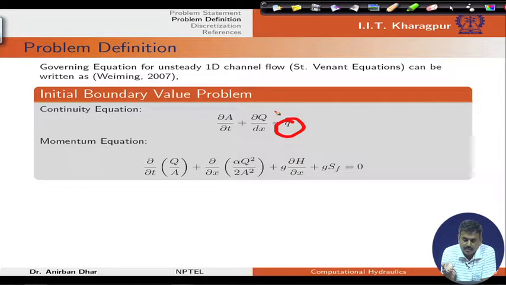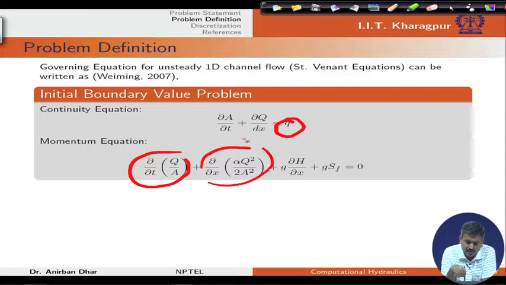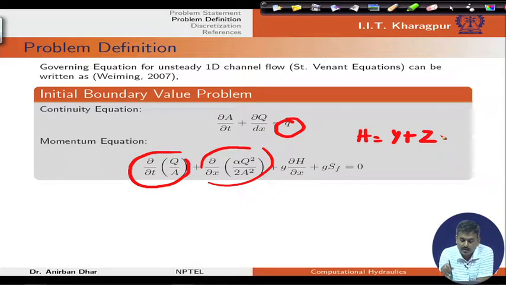At any particular junction, if we have some extraction or injection into the system, we can use this q. This is the momentum equation, and what is this H? H is nothing but y plus z. That means, y is flow depth, z is our elevation of the channel bottom, then H is y plus z.